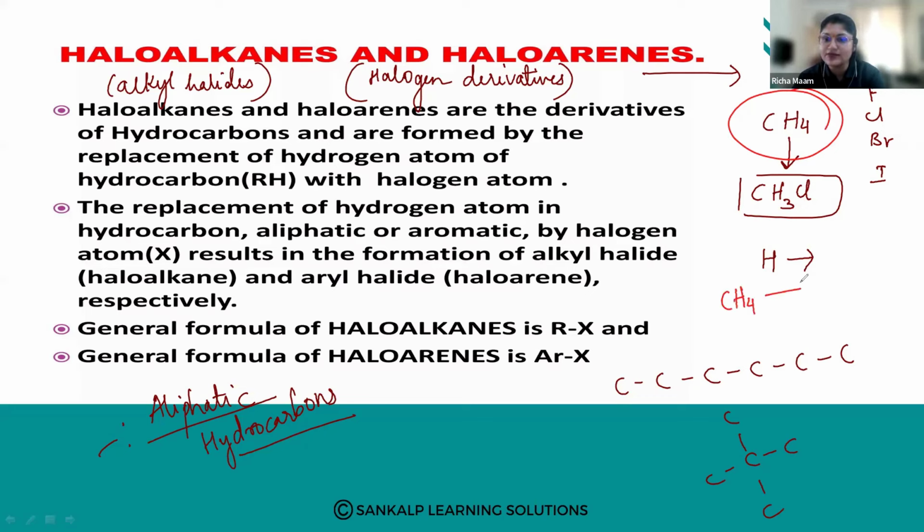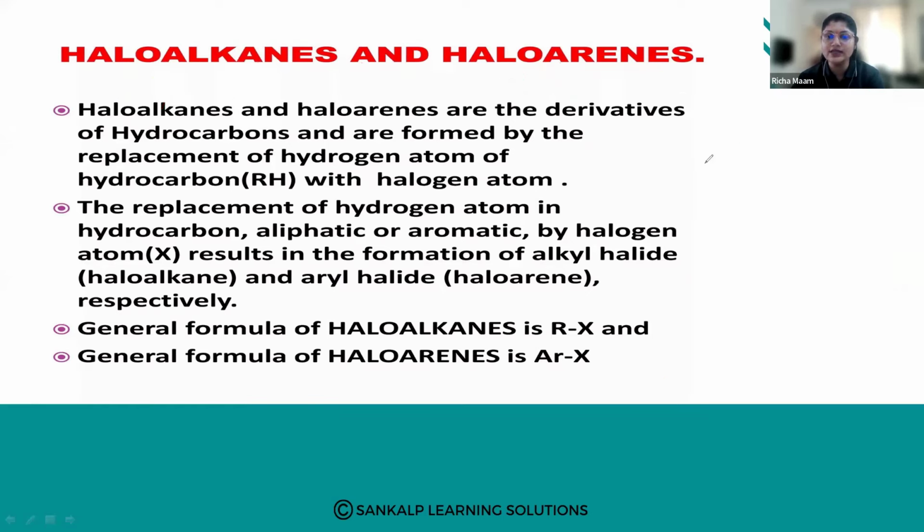Methane is forming CH3X. Halogen atoms are represented as X. One of the hydrogen atoms is replaced by a halogen atom, and then these are called haloalkanes.